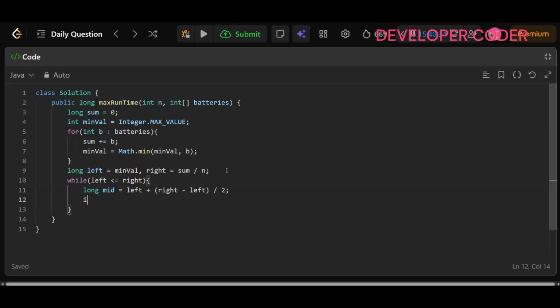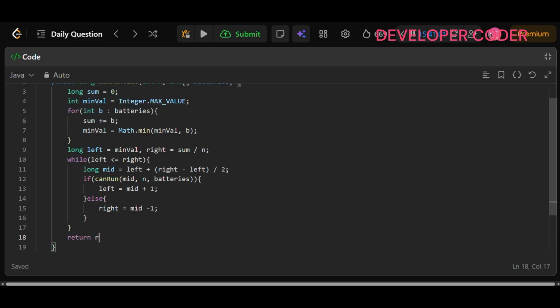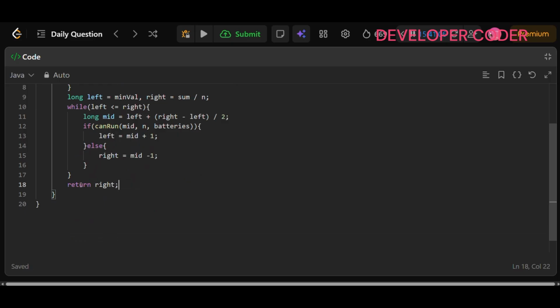So I'm going to get mid, and here I'm just going to run one if condition, if canRun, where I pass mid and the batteries. Then I update my left as mid plus 1, and in the else I update my right as mid minus 1, okay? And here I'm going to simply return right. That's it, okay? So this is what we need to do, right?